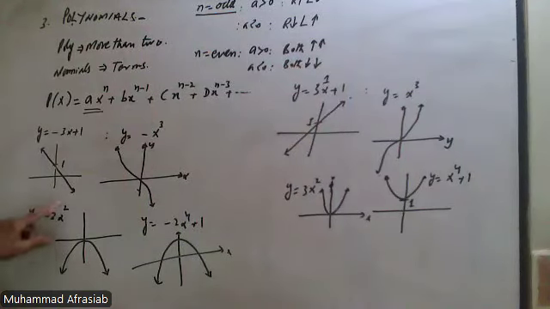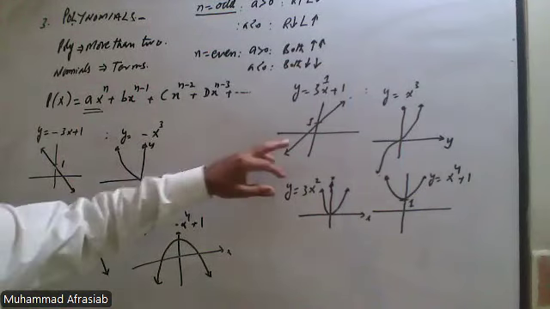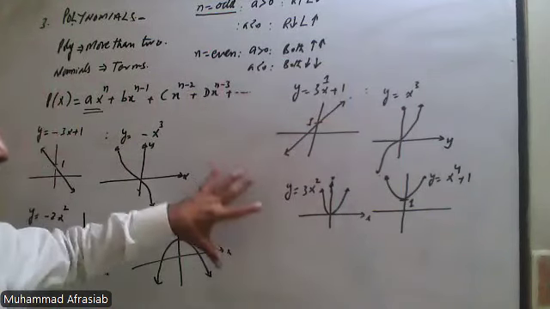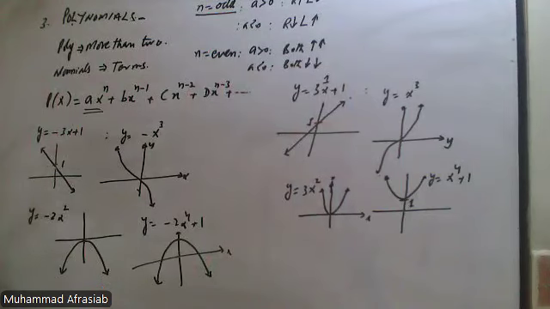This 2 is an even power and the coefficient of that one is minus 2. So minus indicates that both ends will be downward. And if it is positive, then both ends are upward. So these are the examples of a few cases for odd and even powers for polynomials of the form ax^n plus bx^(n-1) and so on.